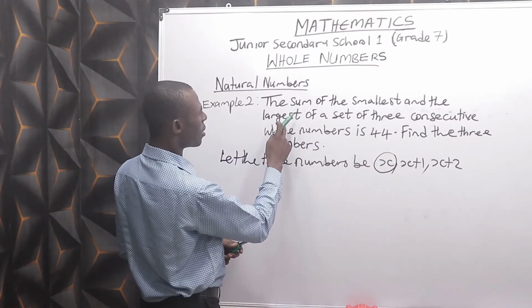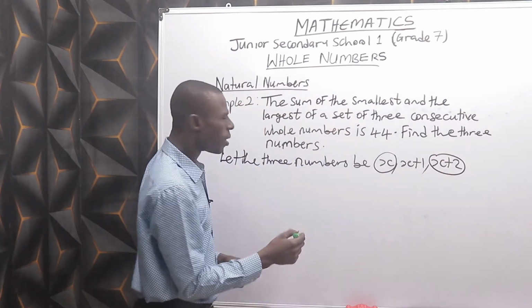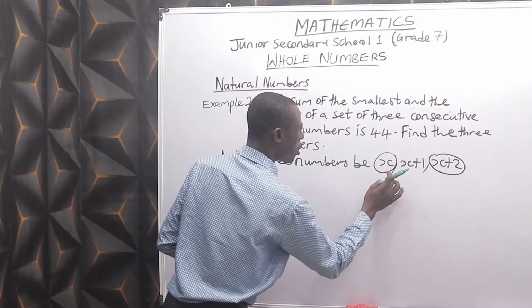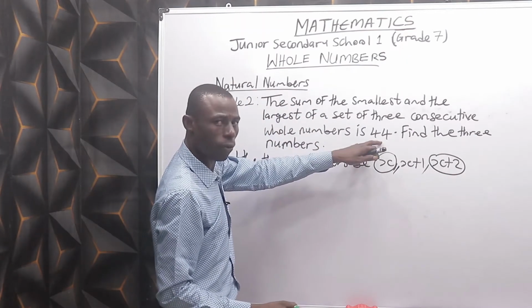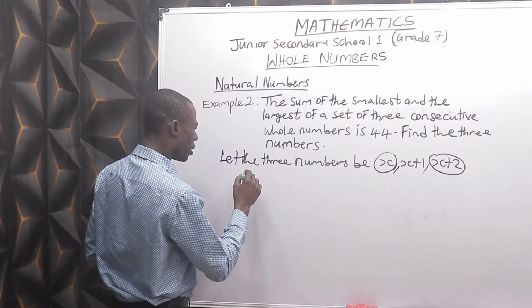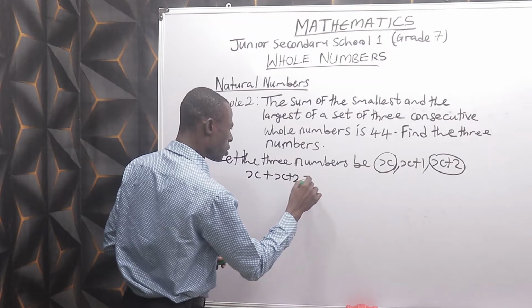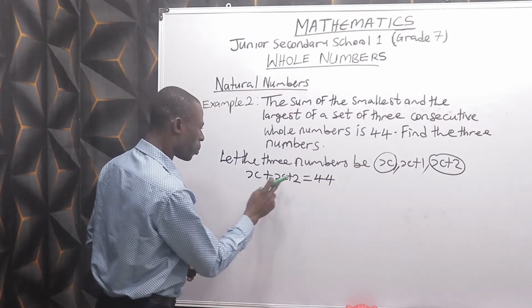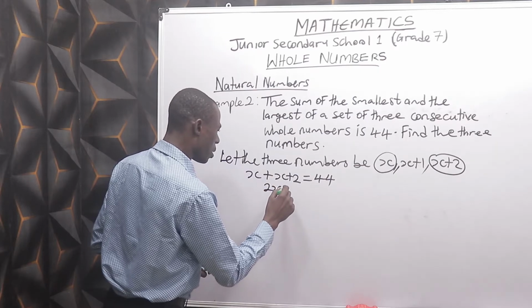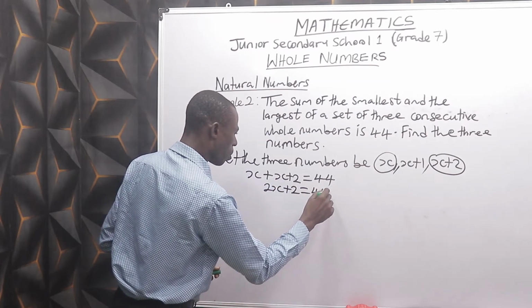The largest is x plus 2. The sum of the smallest and the largest is said to be 44. That is, x plus x plus 2 is equal to 44. x plus x is 2x, plus 2 equals 44.